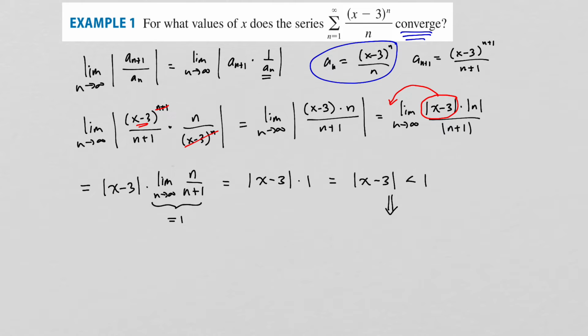Well, we need to remember that this means that x minus 3 has to be a number in between 1 and negative 1. And from there, if we add 3 across the board here, we end up getting 2 is less than x is less than 4. And so we now know that this limit will be less than 1 if x is a number in between 2 and 4.